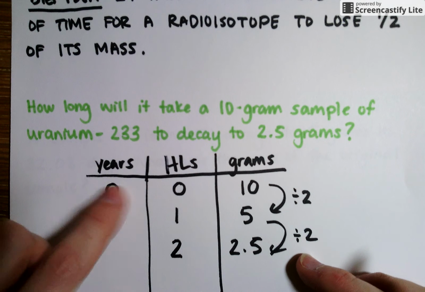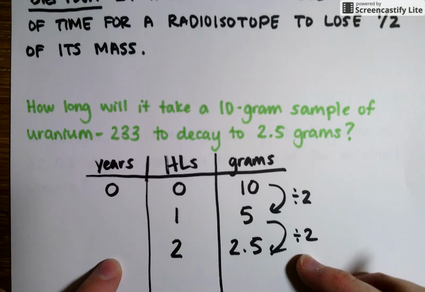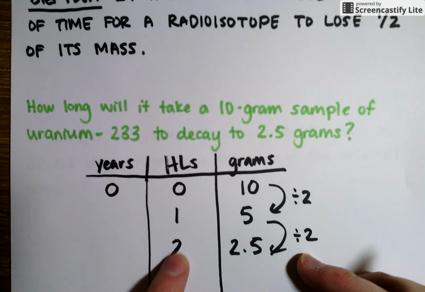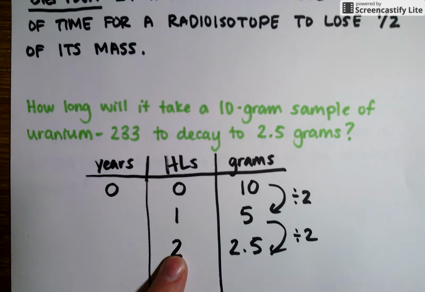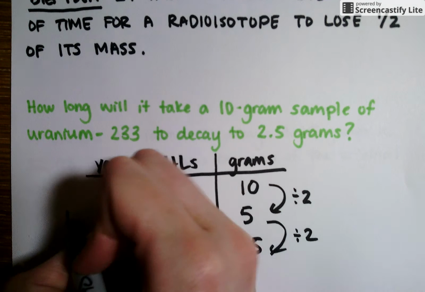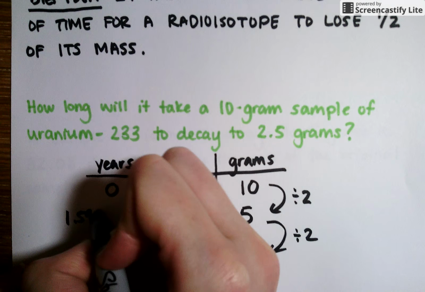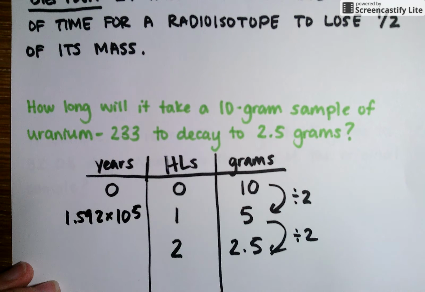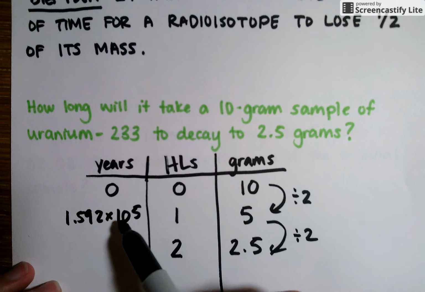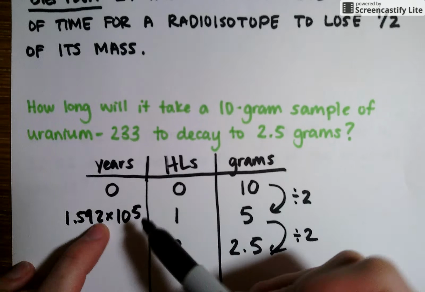Now all we need to do is figure out how many years have passed if it's been 2 half-lives. Well, on table N, it tells me that the half-life of uranium-233 is 1.592 times 10 to the 5th years. So every time one half-life goes by, we need to add on this value.